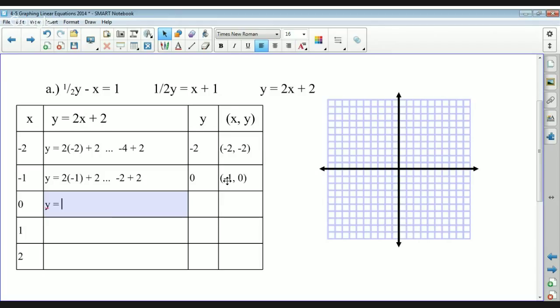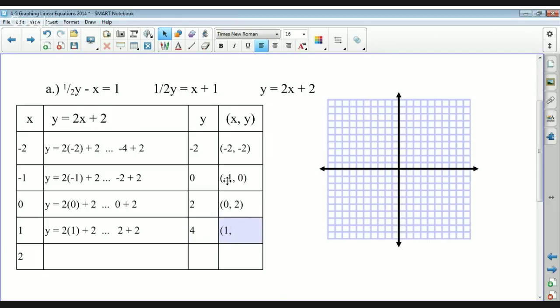Now we do it again with 0 in for y, or excuse me, for x. So 2 times 0 plus 2. 2 times 0 is 0, plus 2 gives us an answer of 2, making our ordered pair 0, 2. We do this again, plug in 1 for x. 2 times 1 plus 2. I know 2 times 1 is 2, plus 2 gives me my y answer of 4.